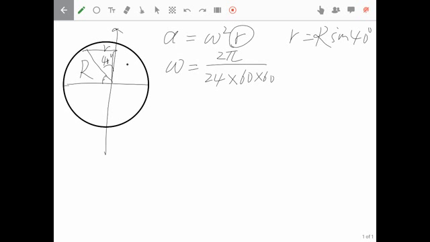But the point is, we still have to know the radius of the Earth. I think we can Google it.